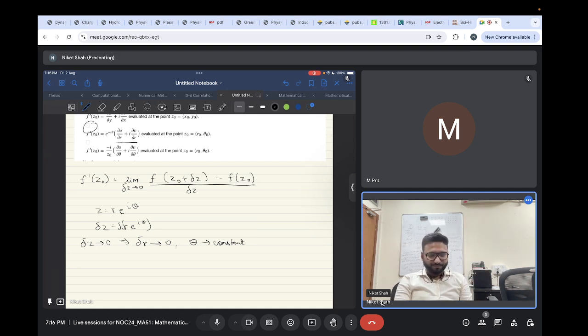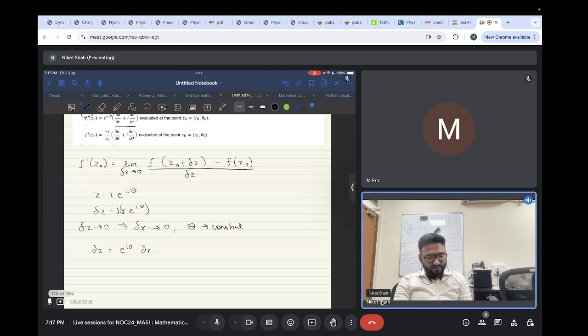Okay, so then del z becomes e raised to power i theta into del r. And f of z0 plus delta z also becomes what?